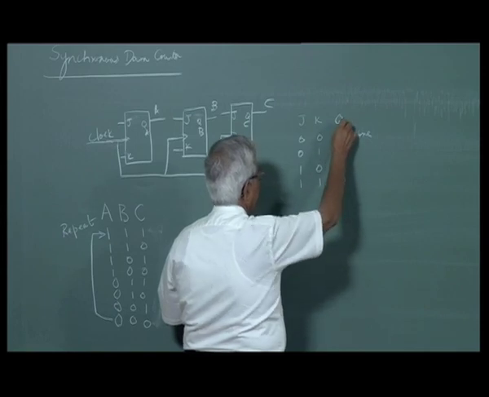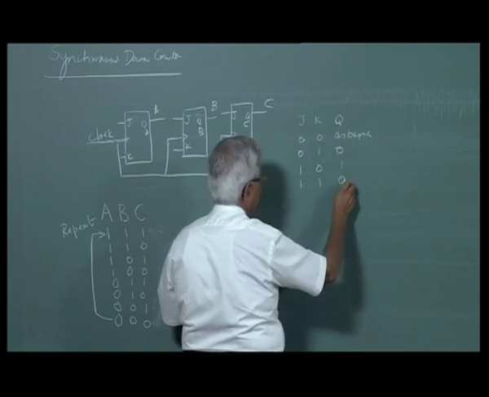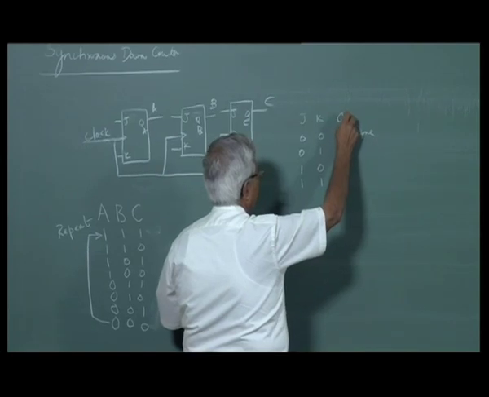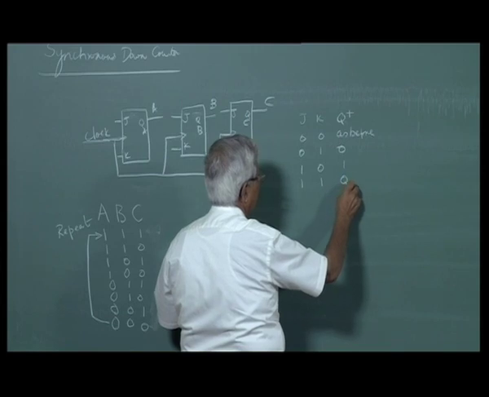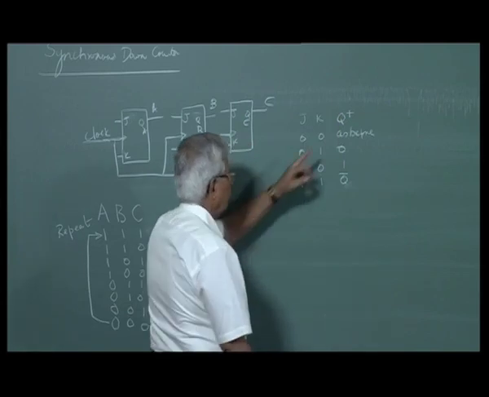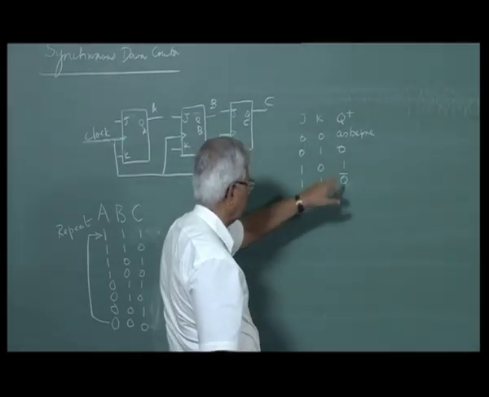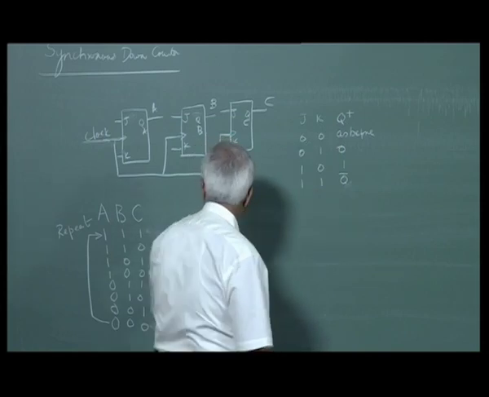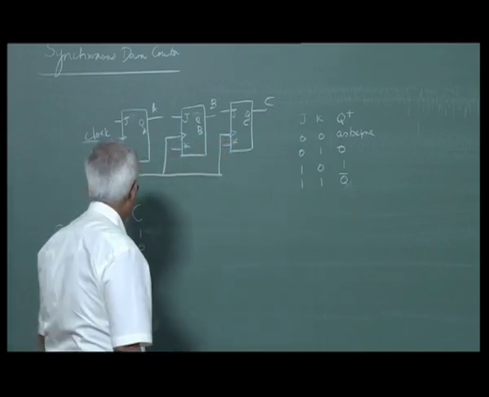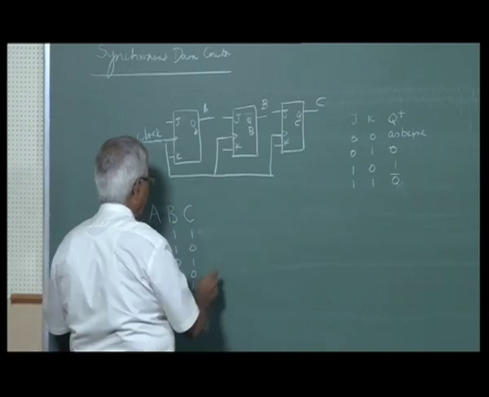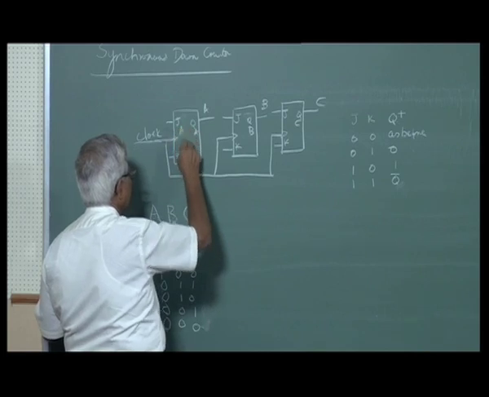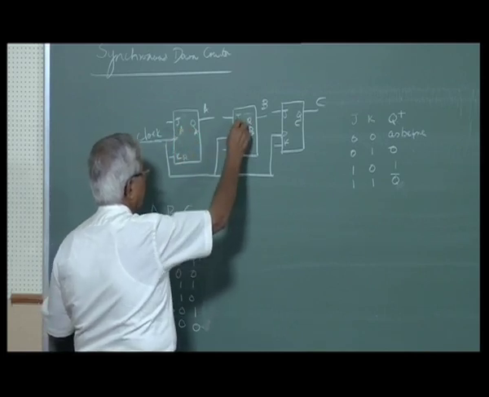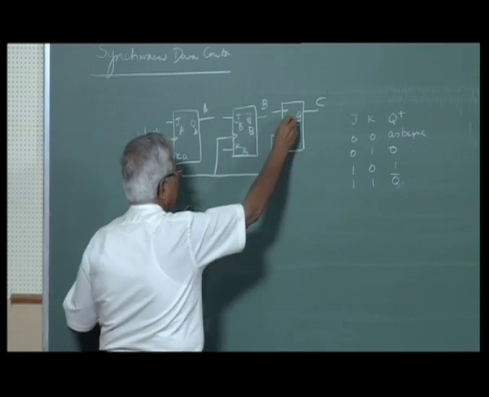That is, if it is the next Q, we will call it Q plus, this is Q bar of the present Q, the previous Q, complemented. We will use that information here. If I use JK flip flops, I will call these JA KA, JB KB, JC KC.